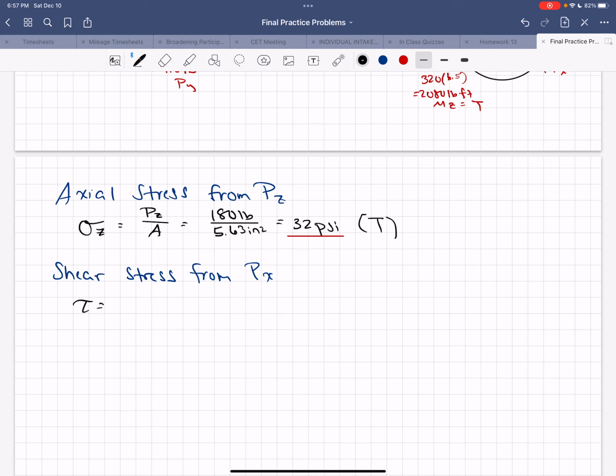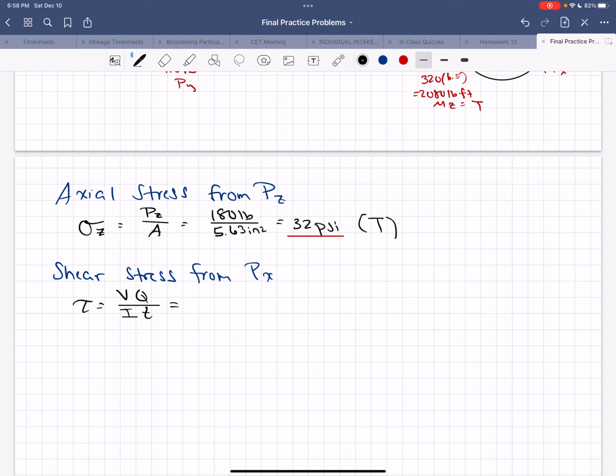tau equals V, that will be PX, times Q. Calculated that, it's the same throughout the problem. I is the same throughout the problem, and t is the same throughout the problem. The big diameter minus the little diameter, so the thickness times 2.